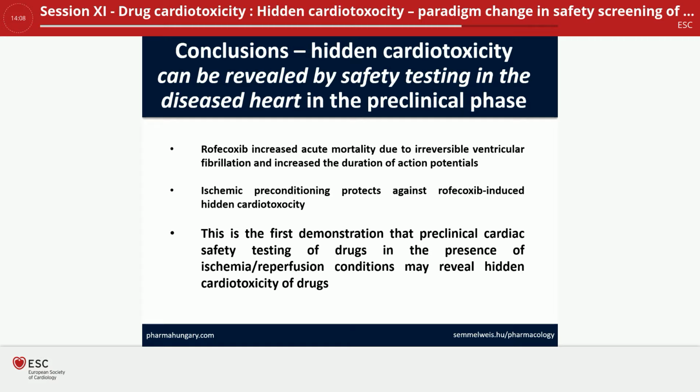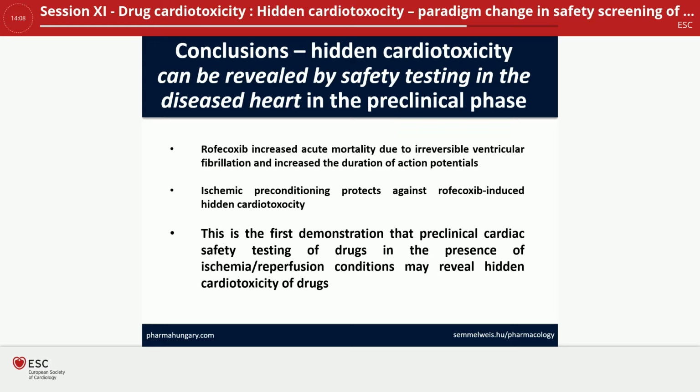By this, we could show that rofecoxib has a hidden cardiotoxic effect, because this pro-arrhythmic effect was only evident when we exposed the ischemic heart to rofecoxib, and no effect was seen in the healthy myocardium.